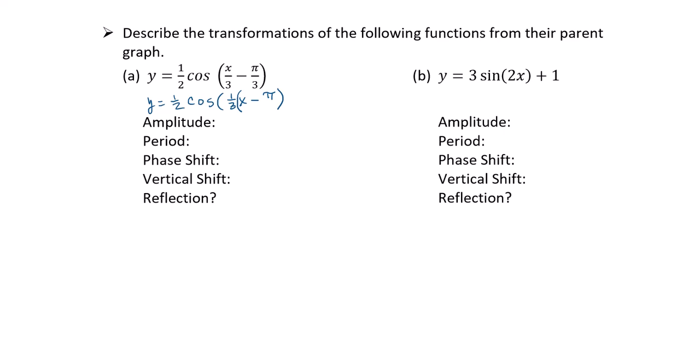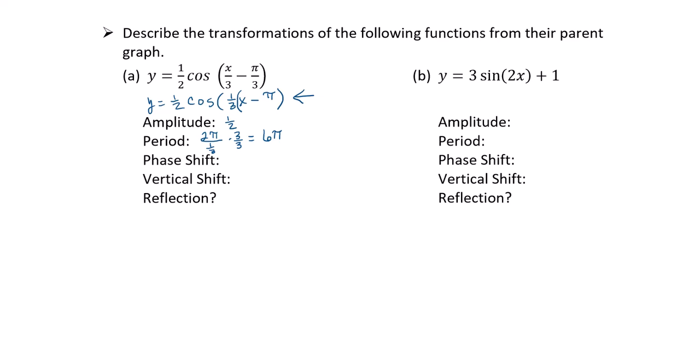Now my amplitude is the absolute value of a, which is going to be a positive 1/2. The period is 2 pi over the absolute value of b. b is 1/3. And remember, we want to multiply by 3 over 3 to simplify that, and it makes it a period of 6 pi. The phase shift, remember, we want to look at it in this form.